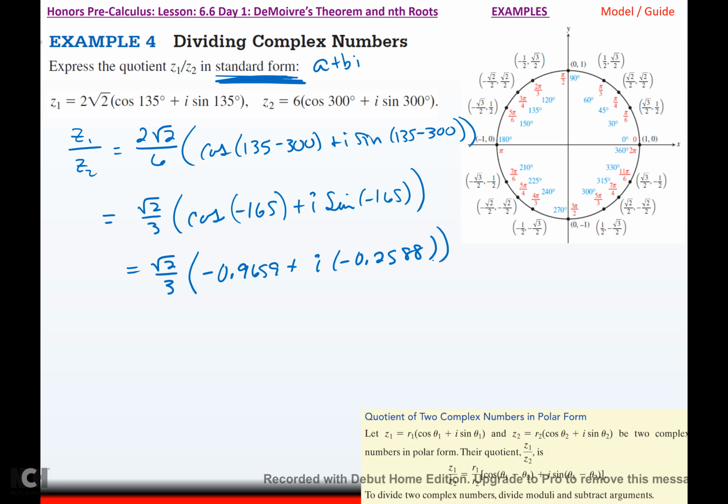And if I distribute and multiply by the square root of 2 over 3, I get negative 0.46 minus 0.112i, not 0.12i. Okay, that would be in standard form, and this would be in polar form.